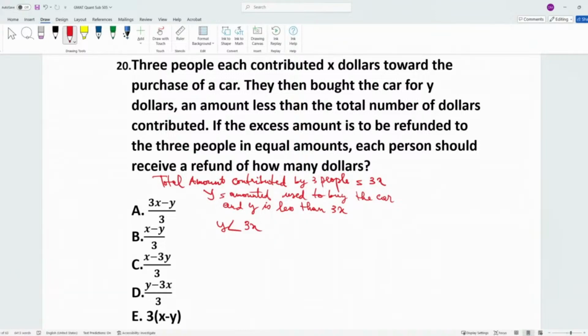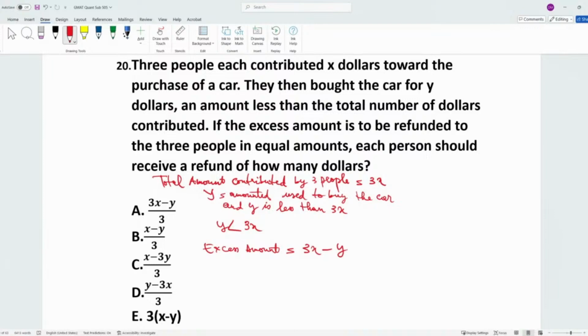And if the excess amount is to be refunded to the 3 people. So now if we want to find the excess amount, since we know that Y is less than 3x, the excess amount is going to be the total number of dollars contributed, 3x, minus the actual amount used to buy the car, which is Y. So this is the excess.